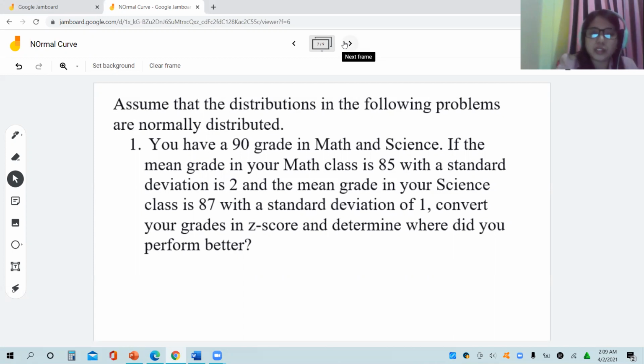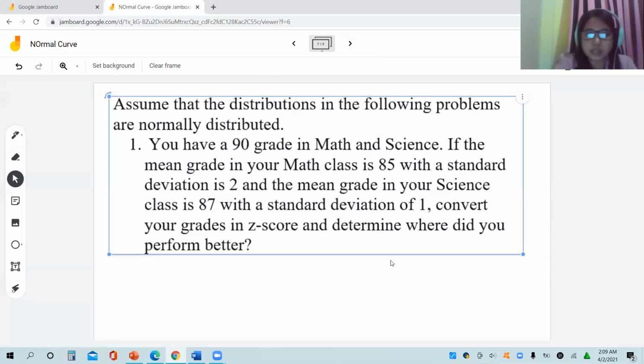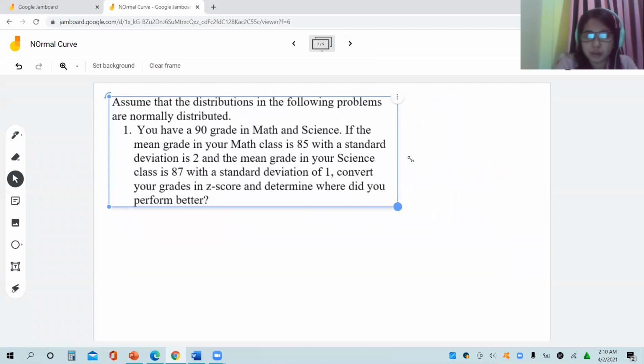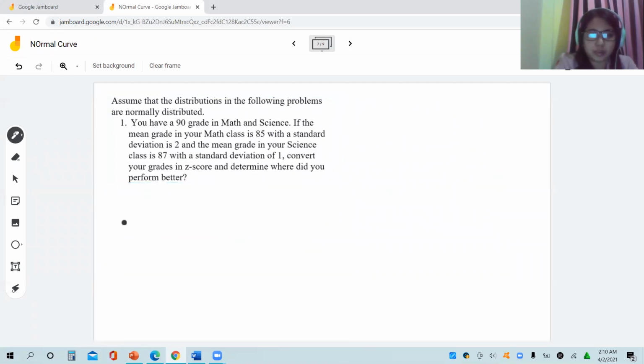How do we answer this question? Of course, we need the given. Let us compute the z-score for math. The formula is x minus the mean all over the standard deviation.